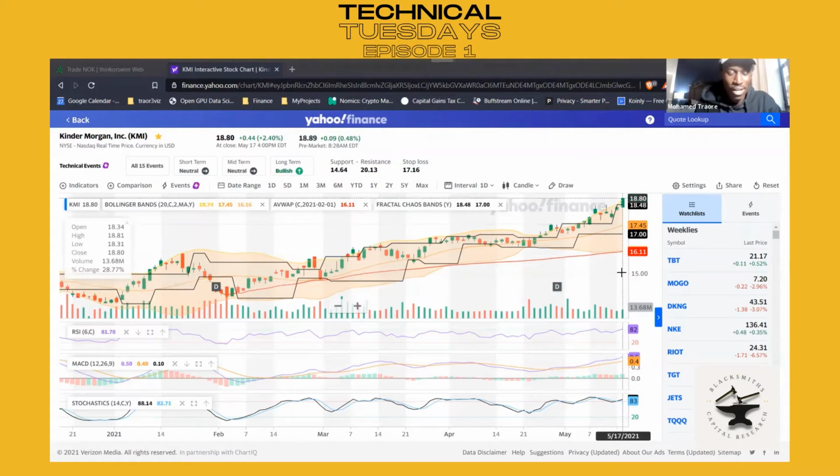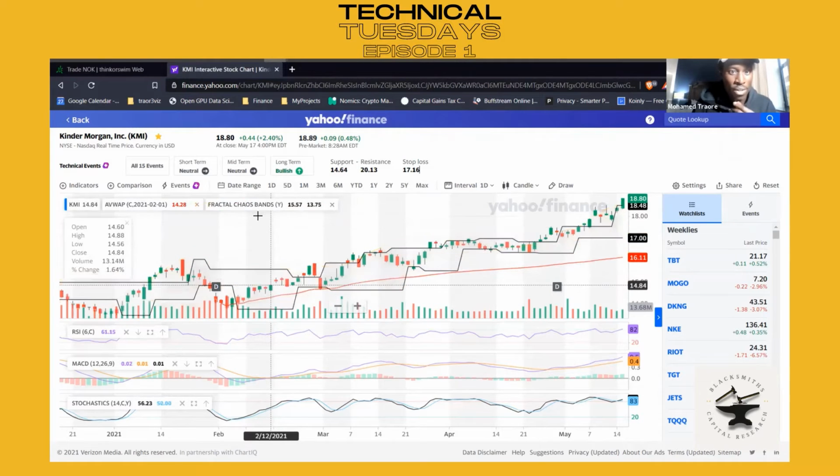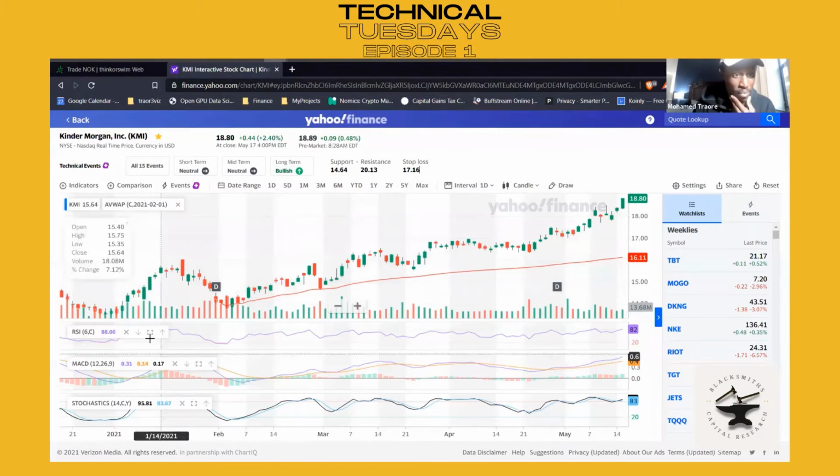I like to look at things like Bollinger Bands to map how the stock is moving within certain ranges, volume weighted average price, which is VWAP, and fractal chaos bands. I've got other indicators on here, such as all these different moving averages, but I'm going to take off some of these for today, just to make sure we're not focusing on too much and can focus on some of the more basic things.